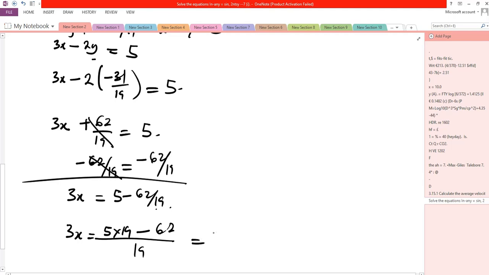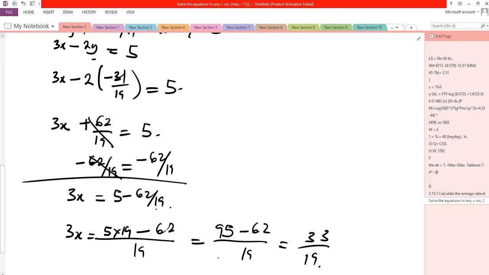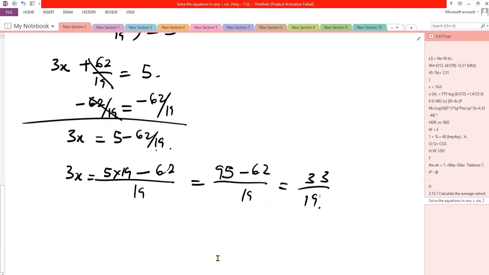This times this will give us 95 minus 62 all over 19. So this minus this, you have 33 all over 19. So that means 3x is equal to 33 all over 19.